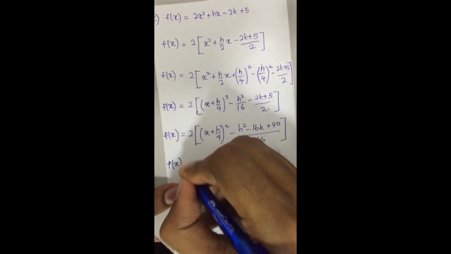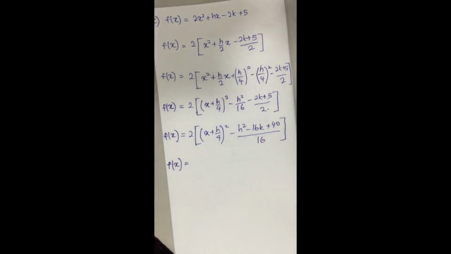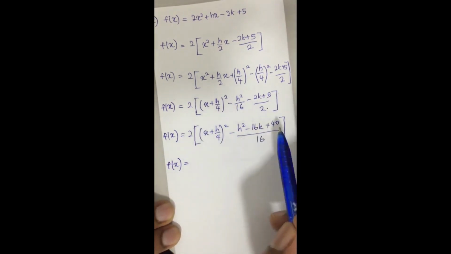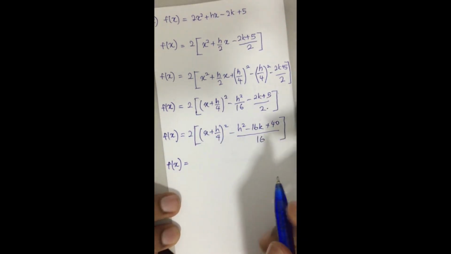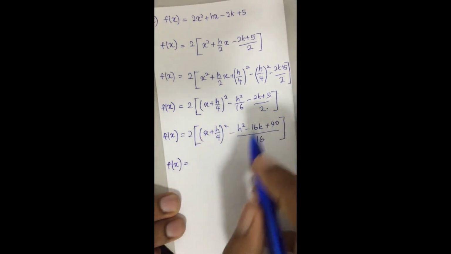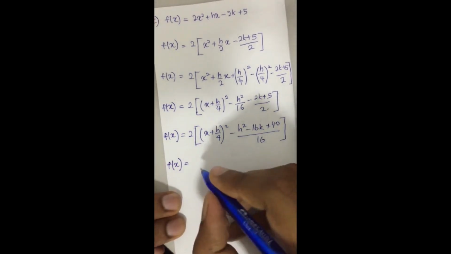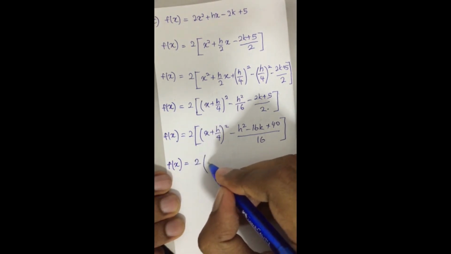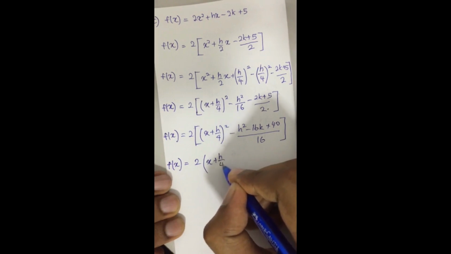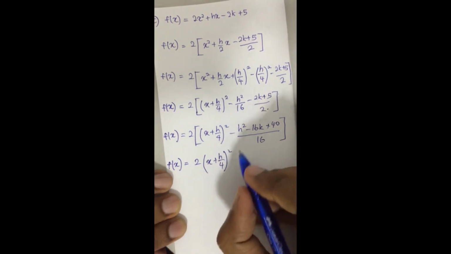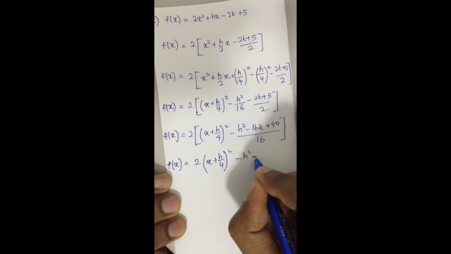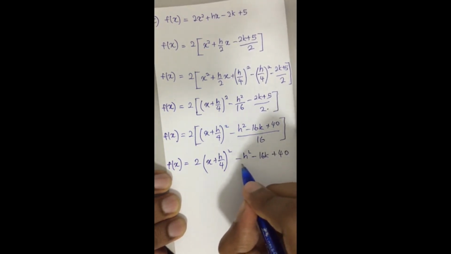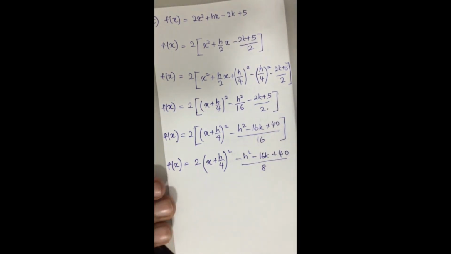Once you have done everything, the next step, which most students tend to omit, is you need to multiply the 2 back into the whole equation, guys. When you multiply the 2 back into the equation, you'll have 2 in a bracket (x plus h over 4) squared minus (h squared minus 16k plus 40) over 8.